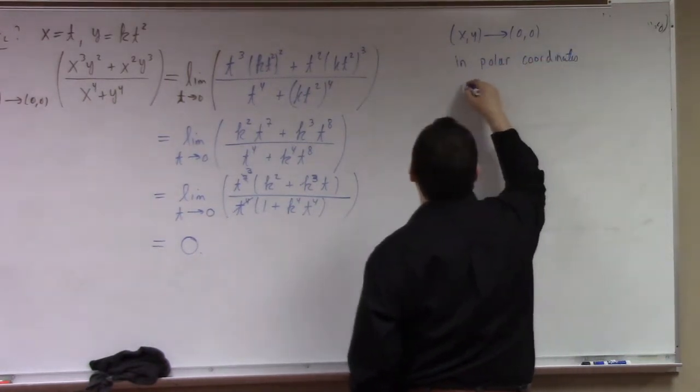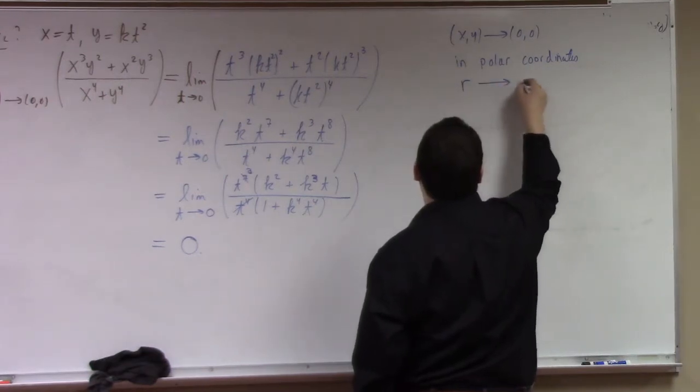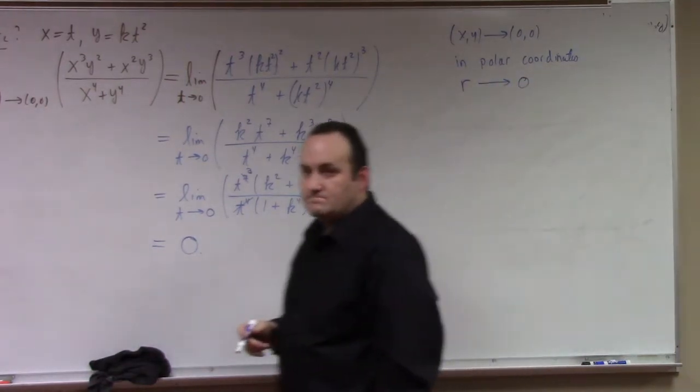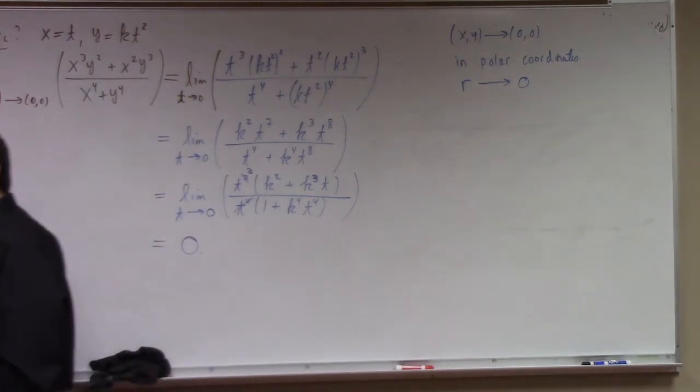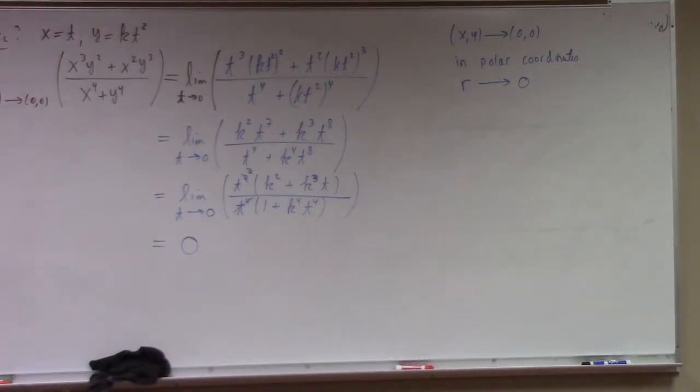It translates into the radius going to 0, right? If we could show that the limit is unambiguous as the radius goes to 0, with no arbitrary theta dependence, then it'll follow that the limit exists.